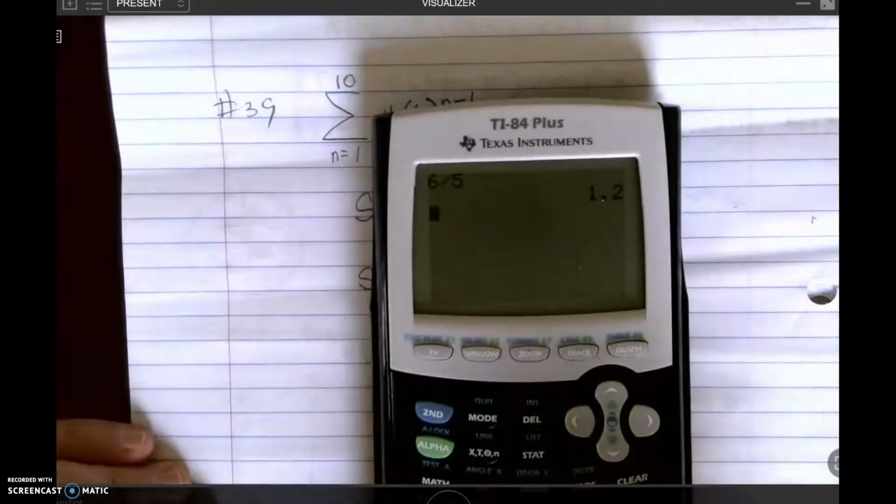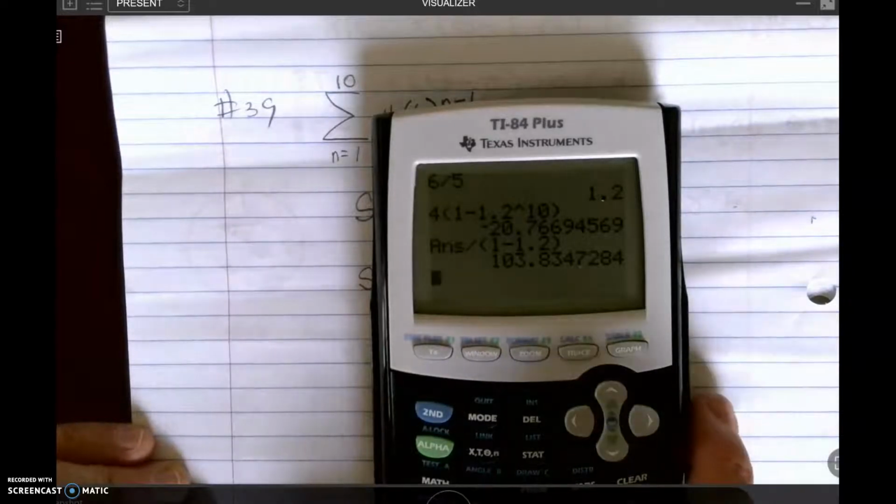And go to my calculator. 4 times 1 minus 1.2 to the 10th, and then divided by 1 minus 1.2. 103. It said rounded nearest hundredths, so it's going to be 103.83.